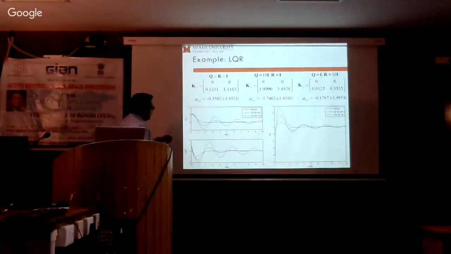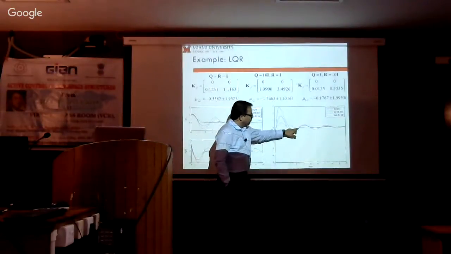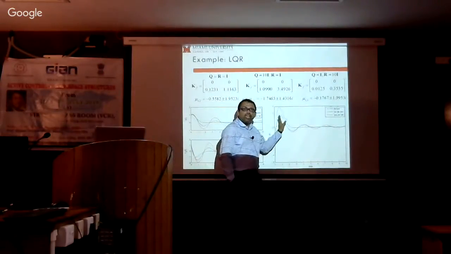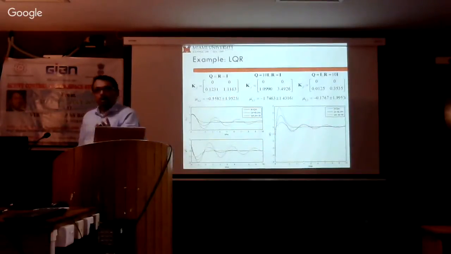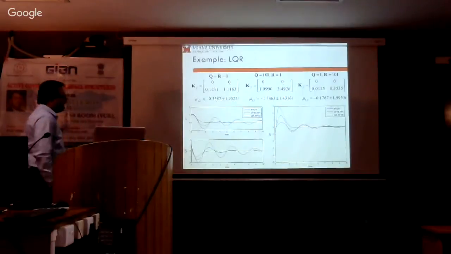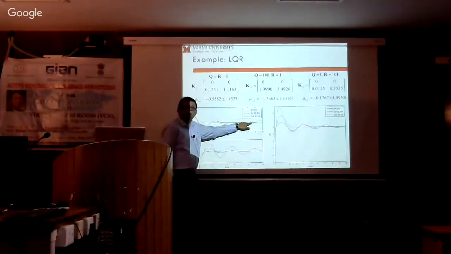Now let's look at the difference. First, Q and R have the same weight. The system dies down, and this is the controlling effort. If you take the energy of u(t), this will give you how much power an actuator will need. If I take Q to be 10 and R to be 1, I have more weightage on the states going to equilibrium.